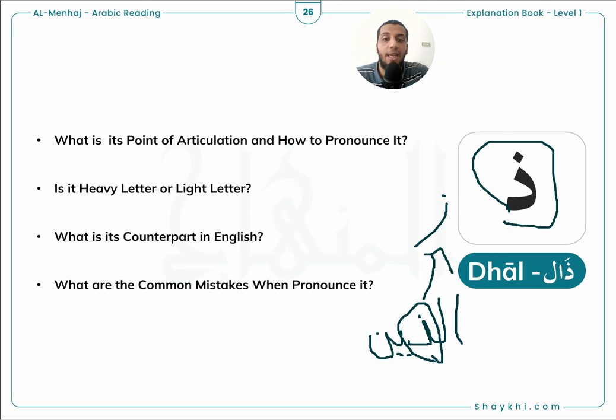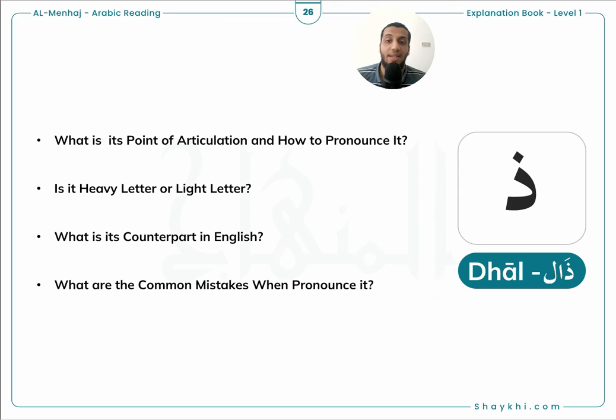Allah subhanahu wa ta'ala also says: ذلك نتلوه عليك من الآيات والذكر الحكيم.